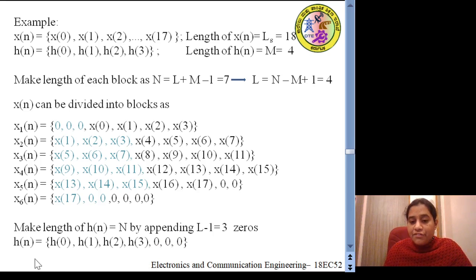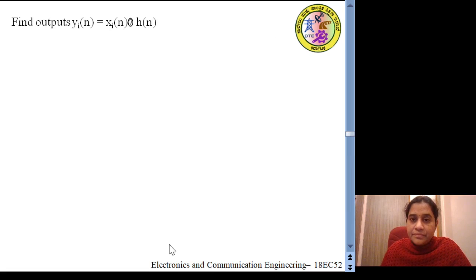That means h of n will have h of 0, h of 1, h of 2 and h of 3. These are the given samples to which we are appending L minus 1, that is 4 minus 1, which is equal to 3 zeros here. These 3 are the appended zeros. So now the next step is to find blocks of output. That means outputs yi of n.